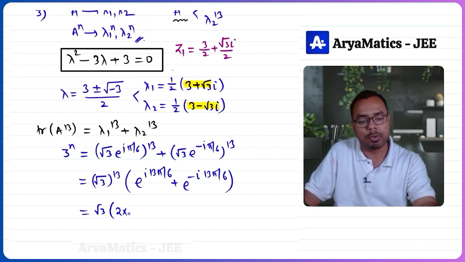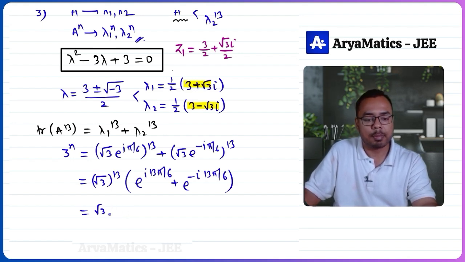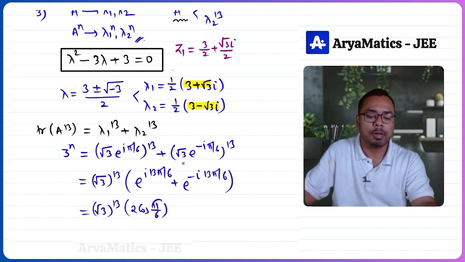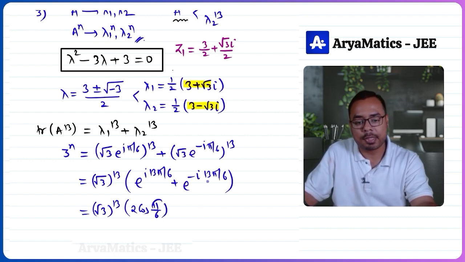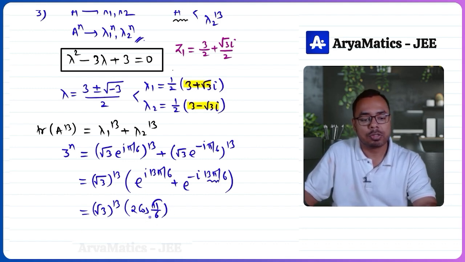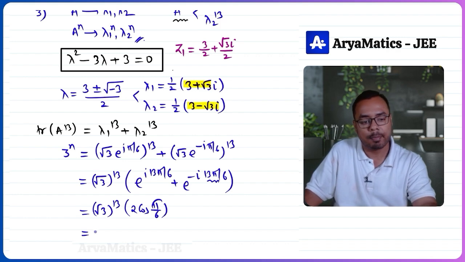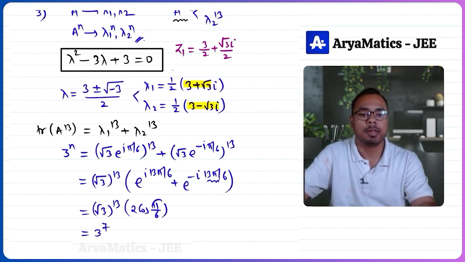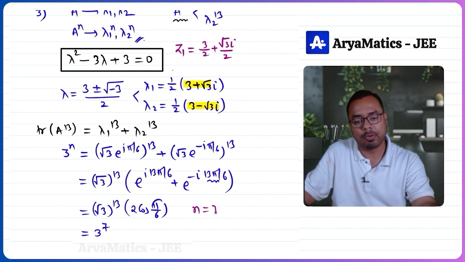So basically you will get 2 into, with root 3 raised to 13 outside, cos pi by 6, because the iota sin pi by 6 term will cancel with the conjugate, right? And the real part you will get twice. So cos pi by 6 is root 3 by 2, that means ultimately this is root 3 raised to 13 into root 3. That means 3 raised to 7. So from here clearly you can see that the value of n will be nothing but 7, right?